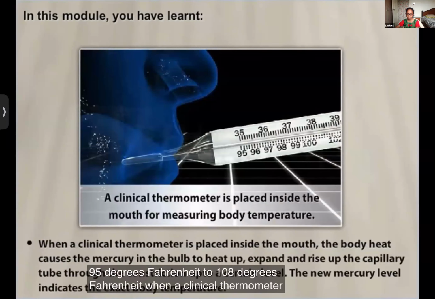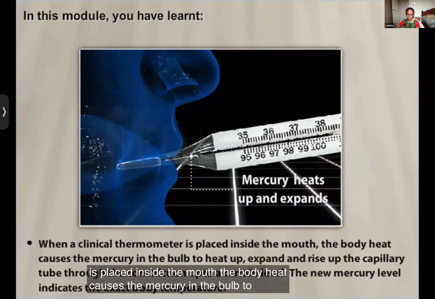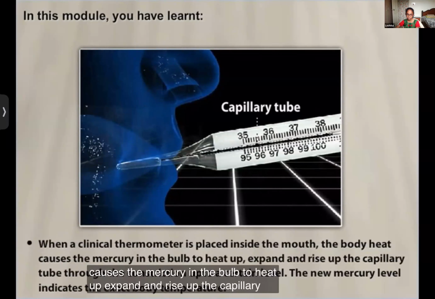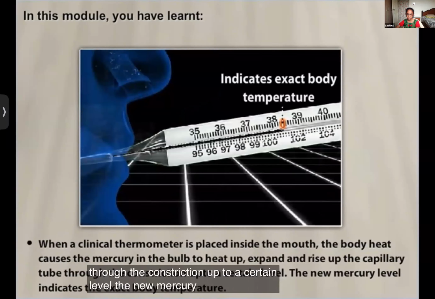When a clinical thermometer is placed inside the mouth, the body heat causes the mercury in the bulb to heat up, expand and rise up the capillary tube through the constriction up to a certain level. The new mercury level indicates the exact body temperature.